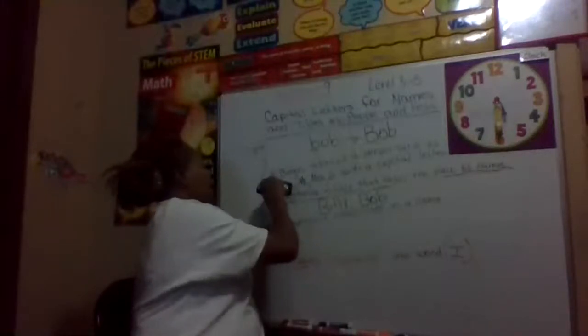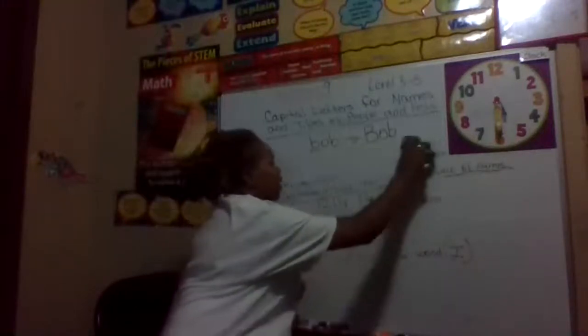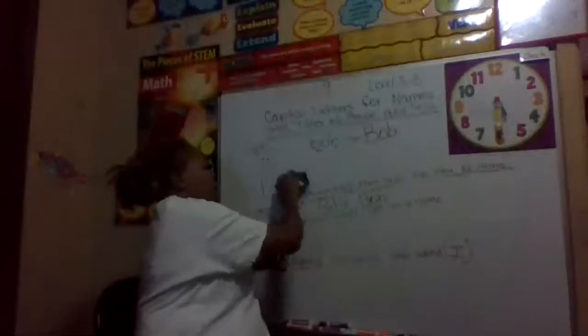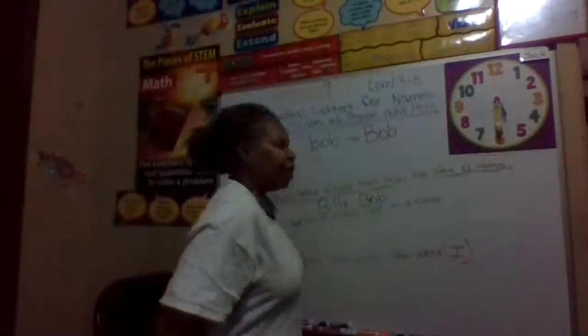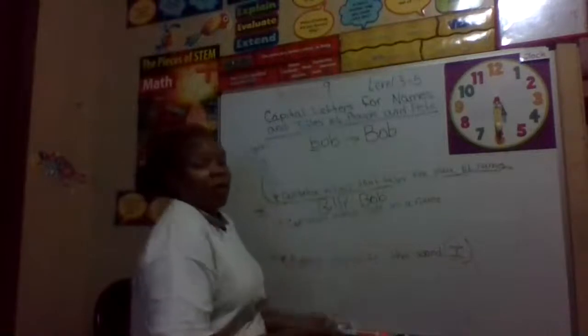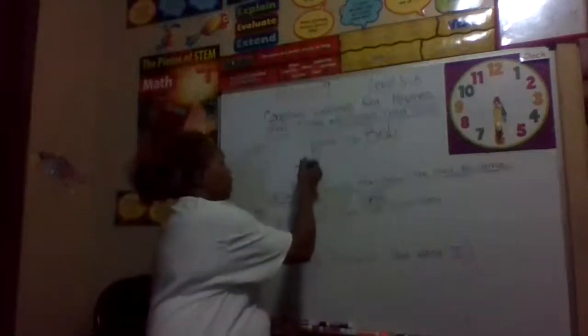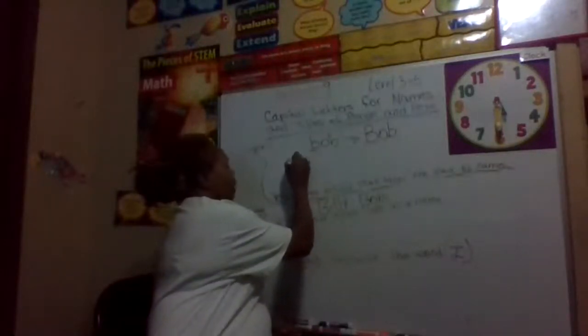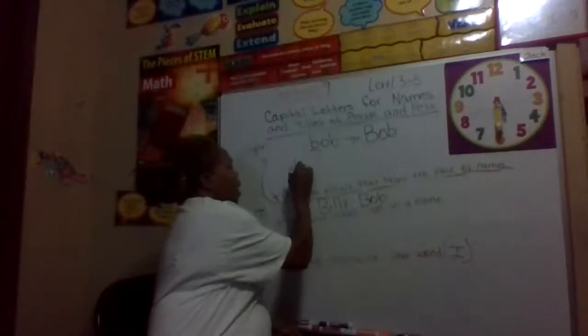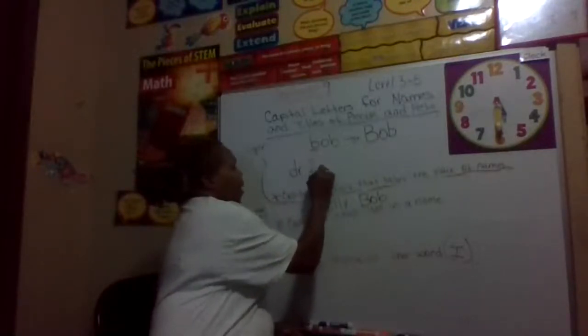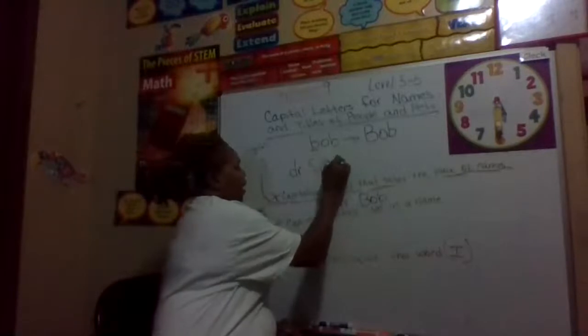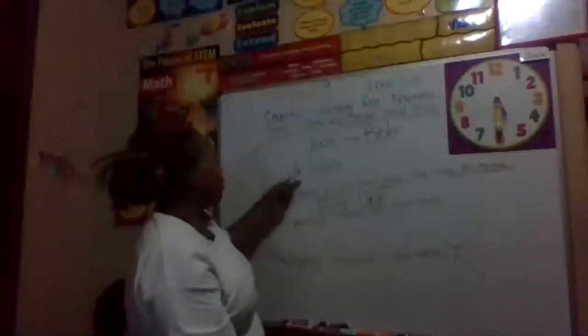Now, my favorite doctor is, I love this lady here out of Mississippi. Her name is Miss Sylvia. She is awesome. I love her, love her, love her. So now she's a doctor, so we call her Dr. Sylvia. So that means we would have Dr. Sylvia. Okay, remember it says all the titles have to begin with a capital letter.